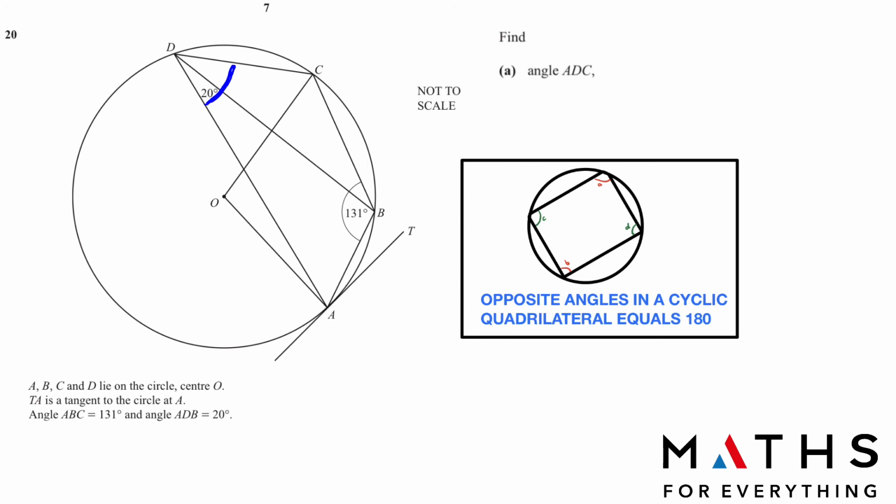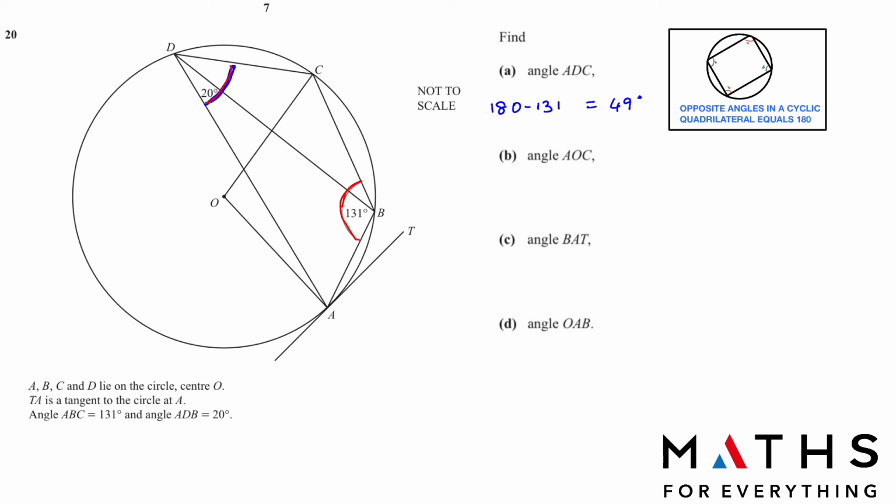Here you see the quadrilateral is A, B, C, and D. All the 4 points are touching the circle. Therefore, angle ABC plus angle ADC is equal to 180. So to find ADC, from 180 we subtract 131 and this will give us the answer 49.